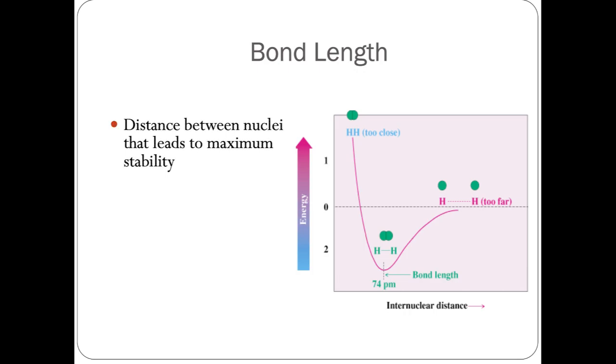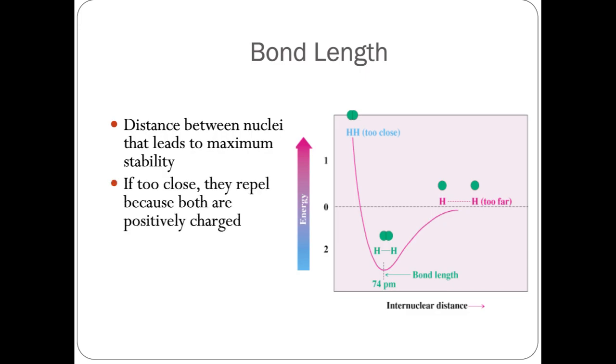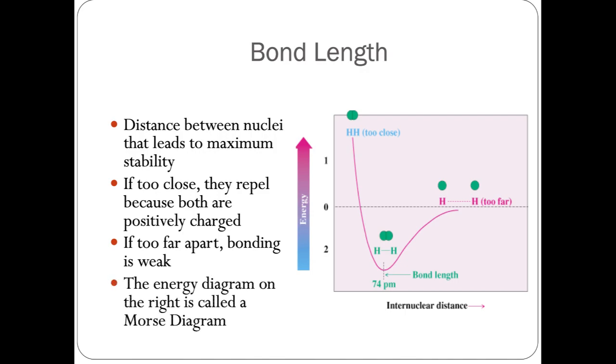Bond length. Distance between nuclei that leads to maximum stability. If too close, they repel because both are positively charged. If too far apart, bonding is weak. The energy diagram on the right is called a Morse diagram.